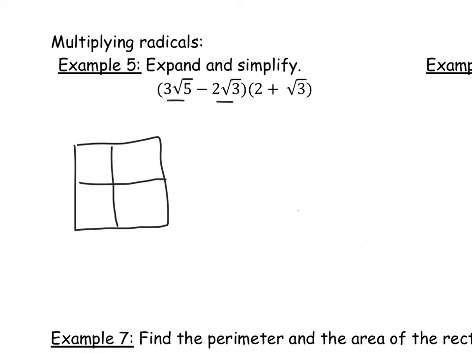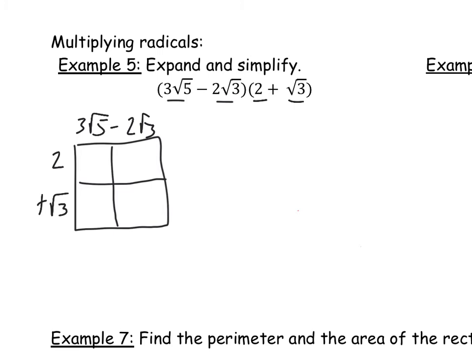This is your first, this is your second. So that's 3 square roots of 5 minus 2 square roots of 3. And then I'll put the 2 and the square root of 3, and it's plus the square root of 3 right here.